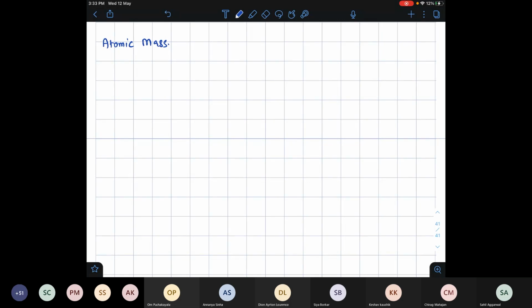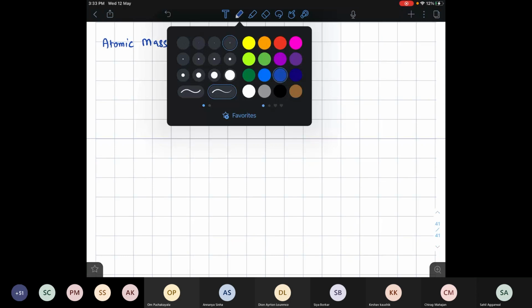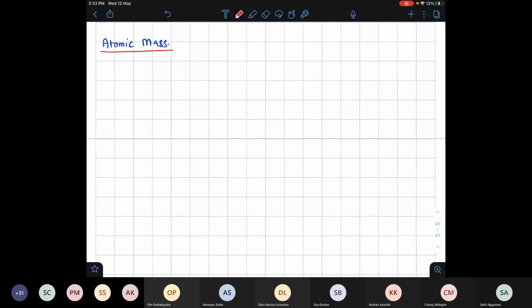We will increase the pressure, decrease the temperature. What is atomic mass? If anyone knows. Atomic mass, if anyone can tell.